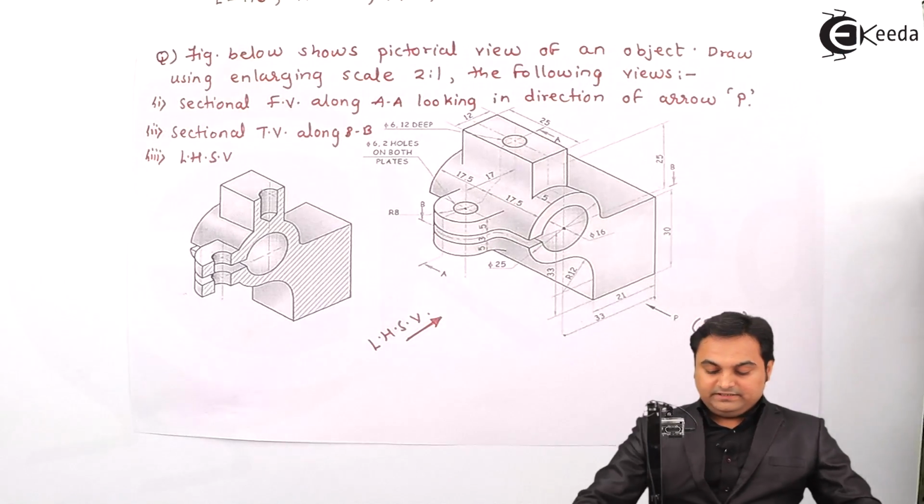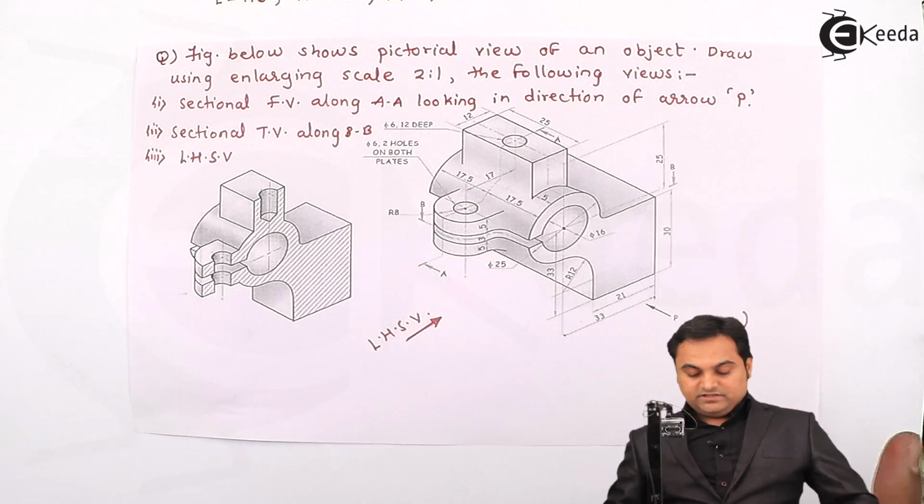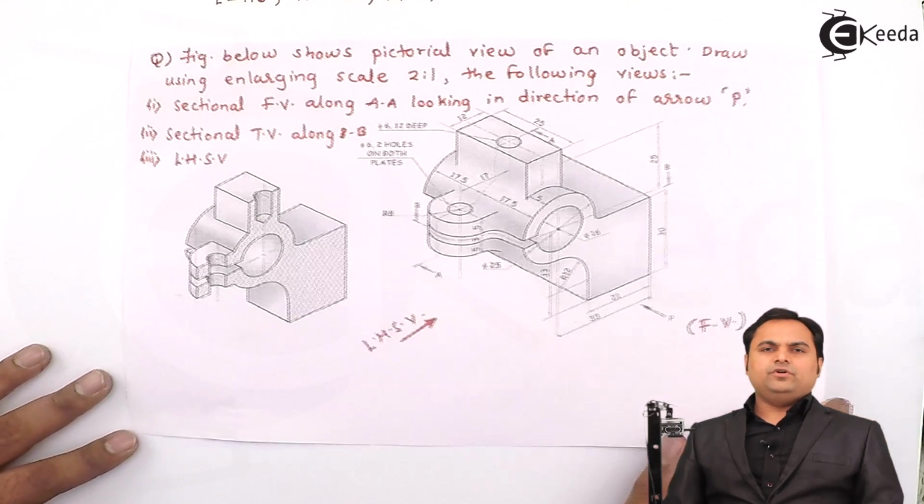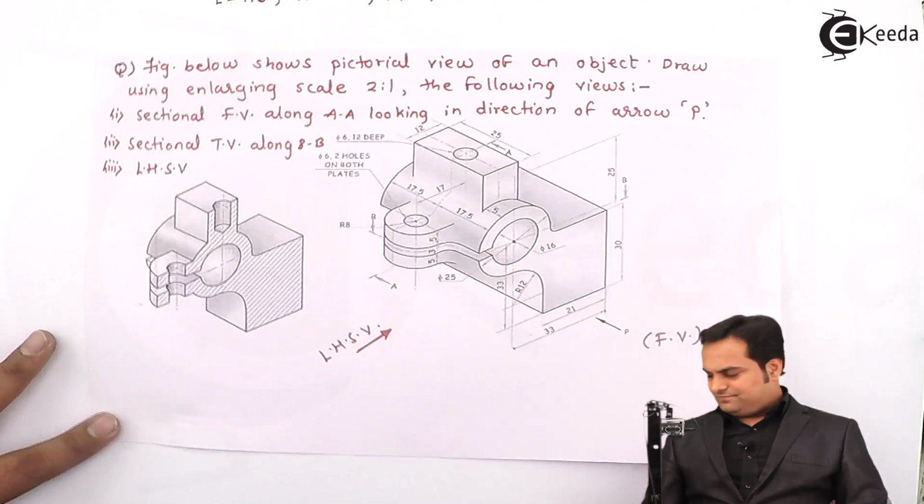Now once the total height and width are known, I'll explain the spacing for this problem, and since the method is not mentioned, we are going to use first angle method of projection.